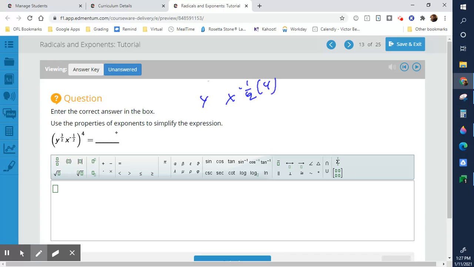So we end up getting y to the 3 times 2. X, this 2 and this 4 reduce, so we end up getting negative 2 on that side, because 1 times 2 is 2. So we end up getting y to the 6. The negative on this 2 means it's going to go to the bottom. And that's how we get this y to the 6 over x squared.